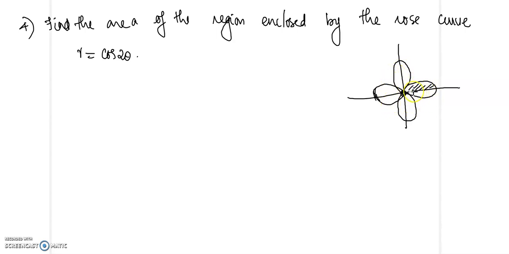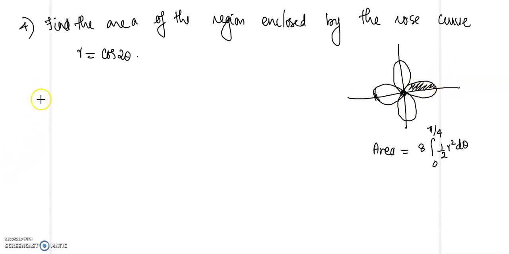So when you find the area, the area will be equal to 8 times integral 0 to pi by 4 1/2 r square d theta. So it is enough to find this area. So ഈ area നമ്മൾ 8 times എടുക്കുമ്പോൾ that will give the area of the entire rose curve. So that's how we use symmetry to find the area.